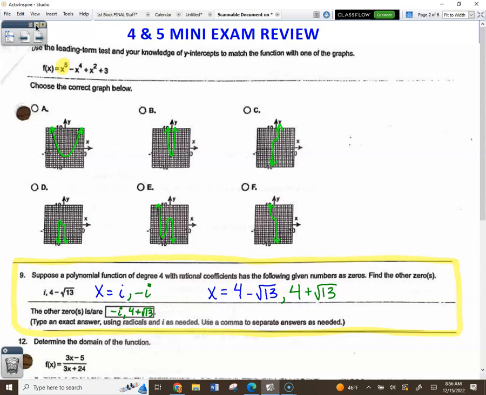So this is degree odd, which implies Saturday Night Fever, which the mother function is left down, right up, right? Looking in the front, the leading term's sign is positive, which means leave it alone, right?